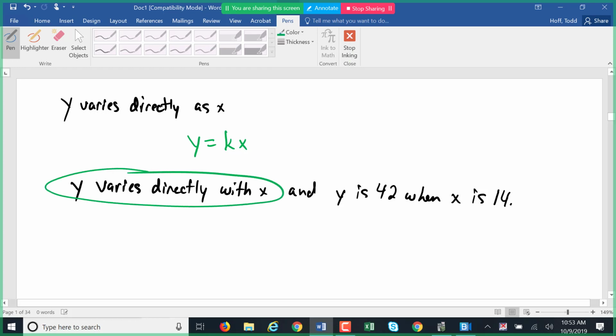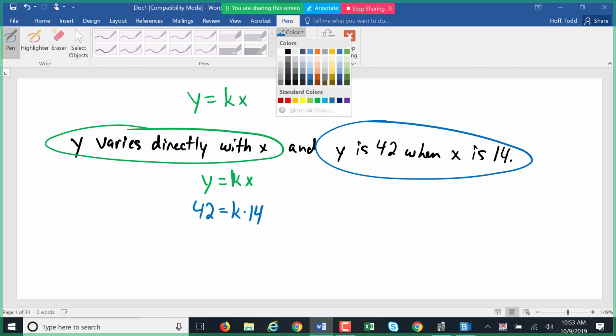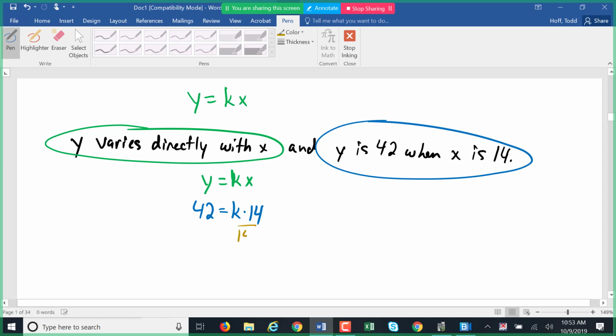Y varies directly with x gives us that generic form, y equals constant times x, kx. This second piece, however, allows us to find that constant k. Y is 42, so I put 42 in for y, when x is 14, so I'm solving for that constant. I divide by 14. 42 divided by 14 is 3, equals k.